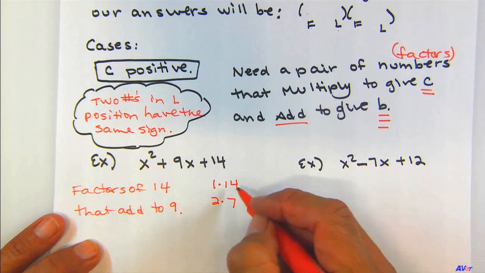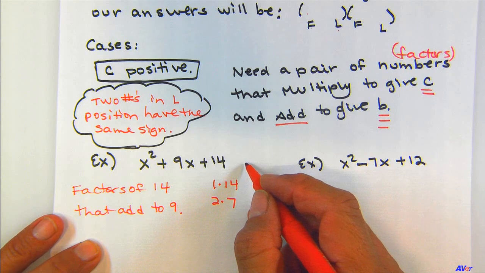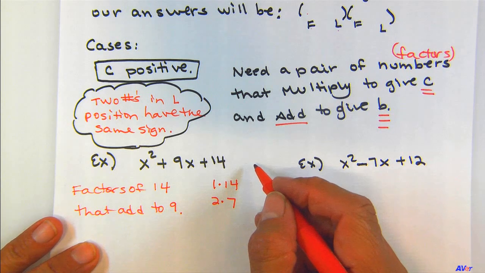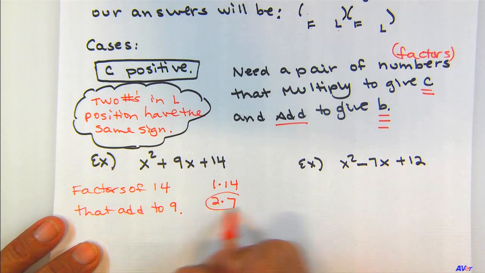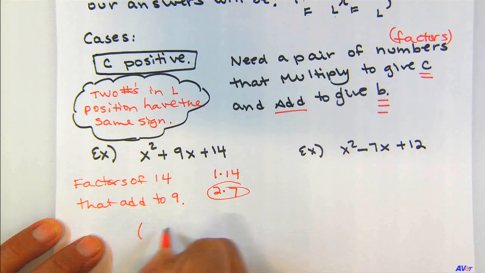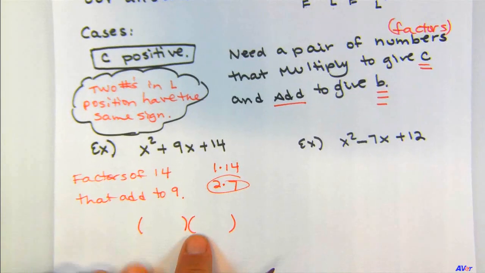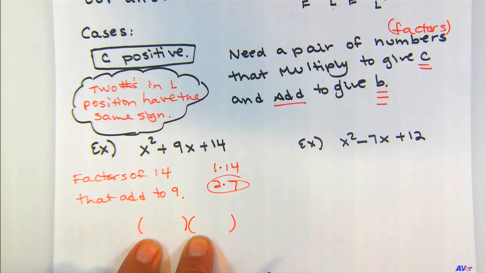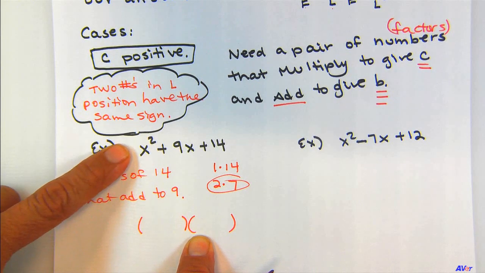Okay, so then we would look at this list of the pairs of factors of 14 and choose the one, if there is one, that also adds to 9. Exactly, of course, right? The 2 and the 7 do that. So think about those two parentheses. The two expressions in the first position multiply to give you the x squared.